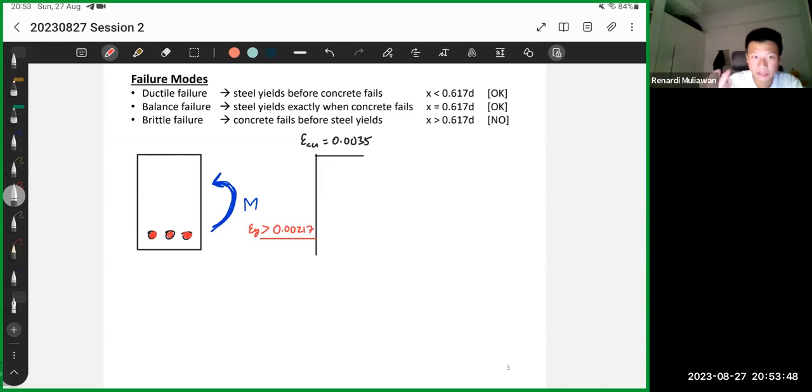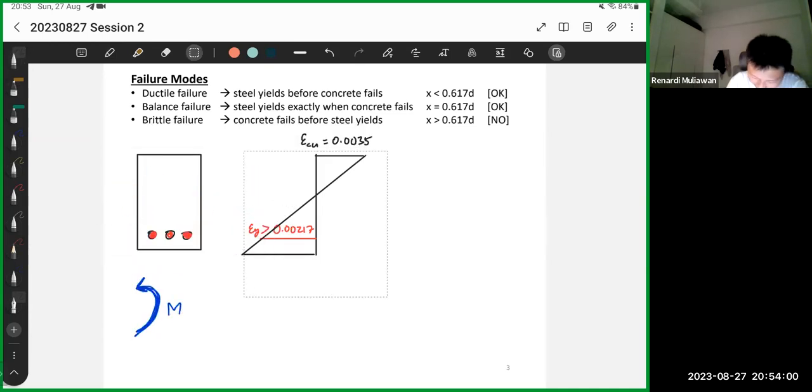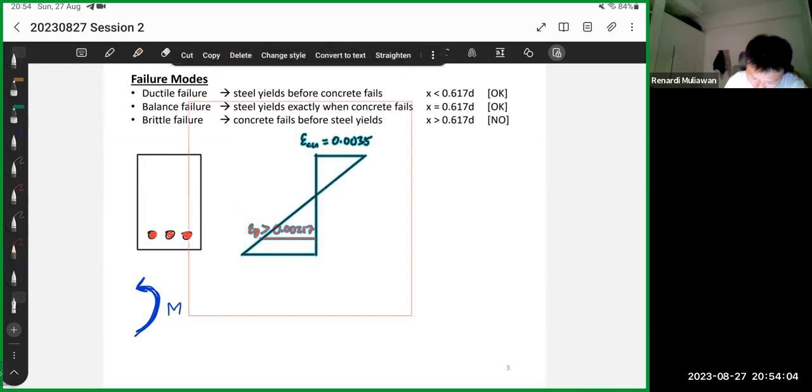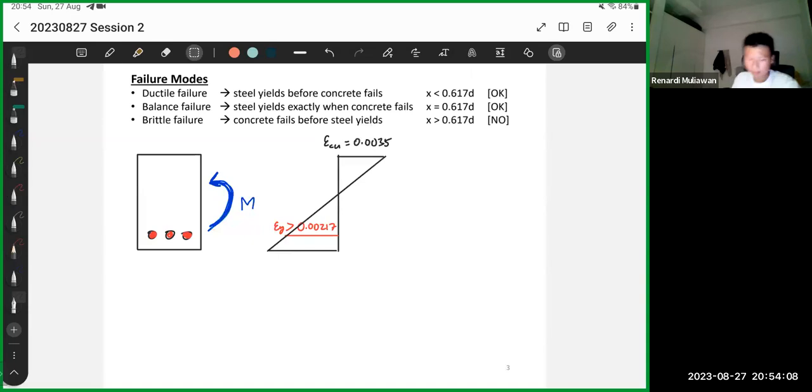So this is what it means by ductile failure. I'll draw the line, so it goes something like this. Let me rearrange some things so it looks nicer. Okay, something like that. So this is called the ductile failure.